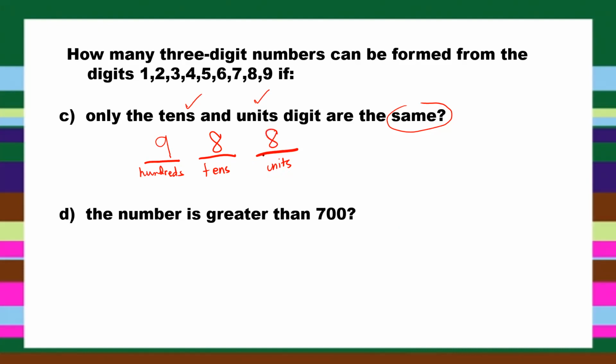Kasi pwede naman silang maulit eh. Ito lang ang hindi. So 9 times 8 times 8 is equal to? 576. Okay, so that's 576 ways.